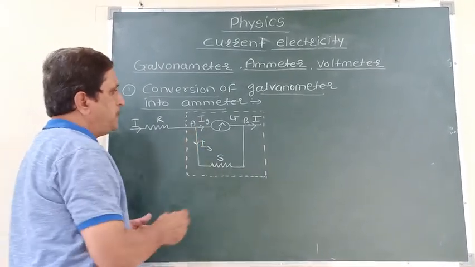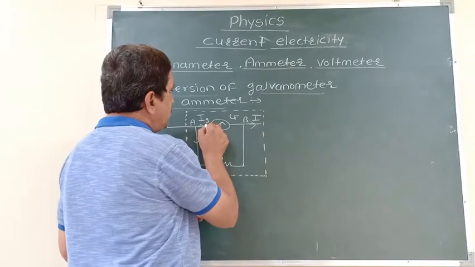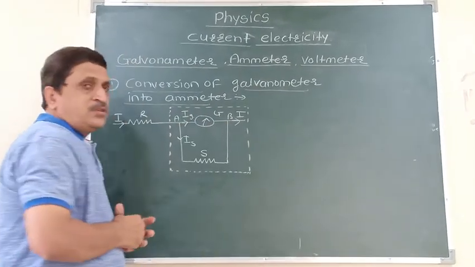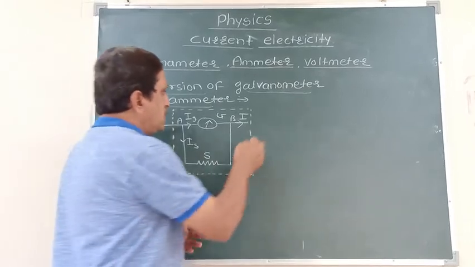Now suppose Ig is the current for which galvanometer shows full scale deflection.